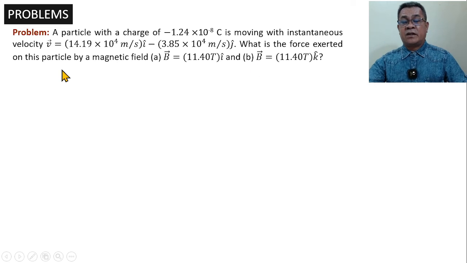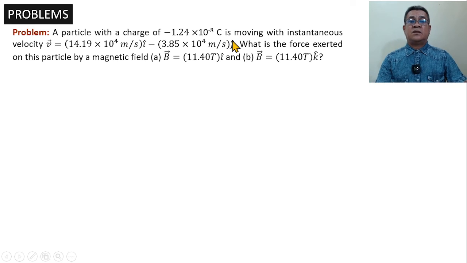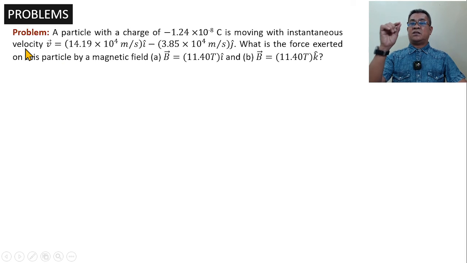Okay, now here comes the worded problem. The problem says that we have a particle with a charge of negative. This is a single charge particle whose magnitude is negative 1.24 times 10 raised to 8 coulomb, moving with instantaneous velocity, meaning the velocity at that instant.